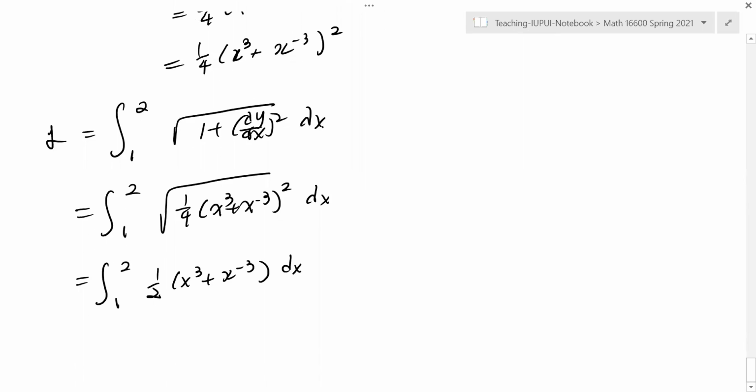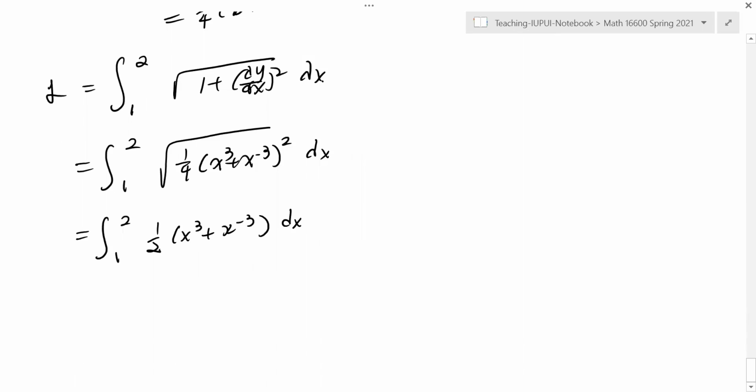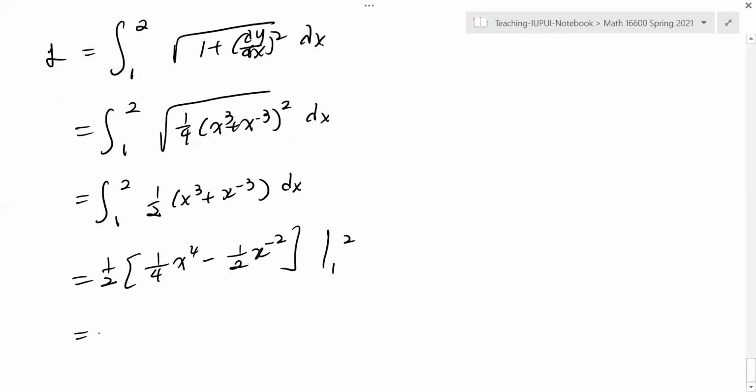Then you find the antiderivative of each term. Let's find the antiderivative of the first term. It is going to be a quarter of x to the 4th power. The second term, you can quickly write down the antiderivative. When you differentiate, you get x to the negative 3. Okay, evaluate two endpoints. So let's try.